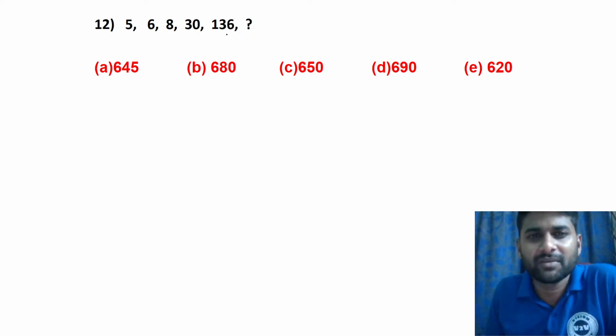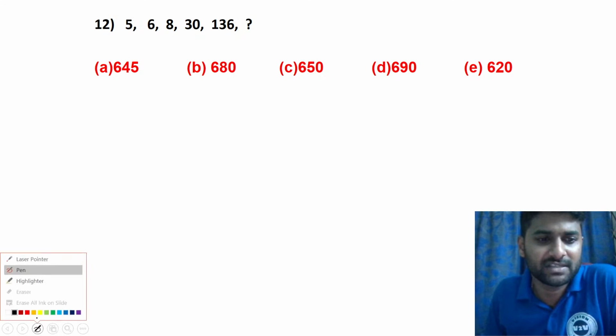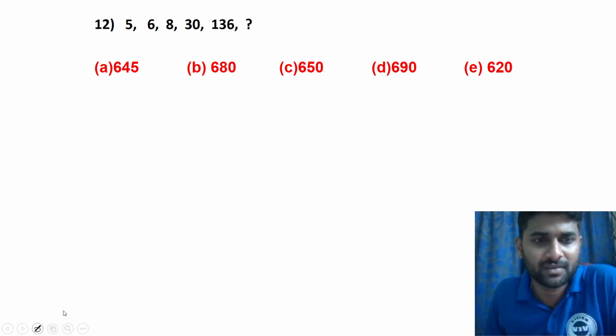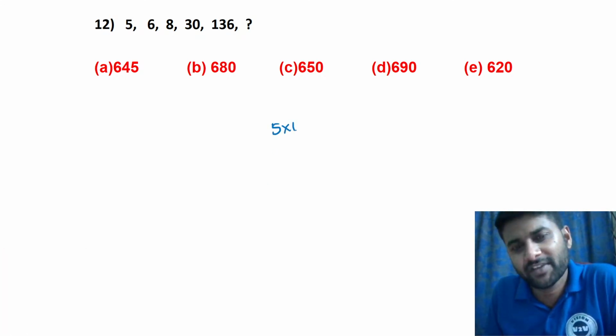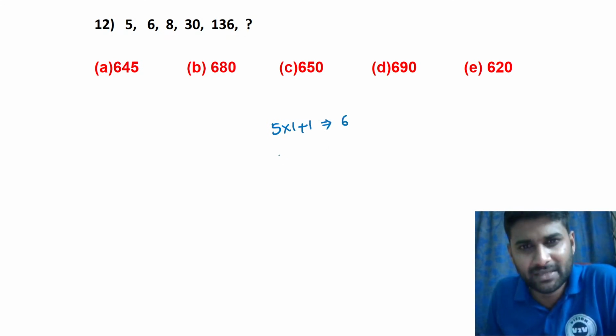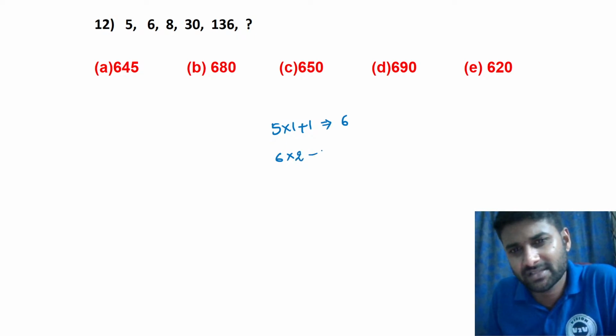So see, 30 becomes 136. We can conclude that there is a multiplication series here. See, 5 becomes 6 means 5 is multiplied by 1 plus 1 is equal to 6. The 6 becomes 8 means 6 into 2 minus 2 is equal to 8.